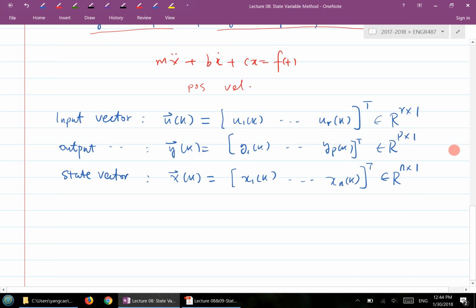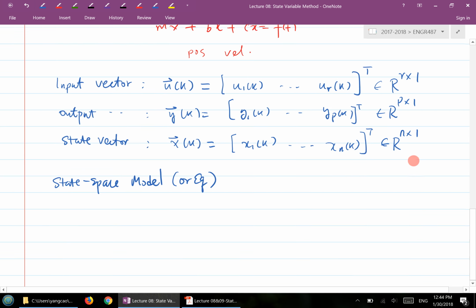So what's the model then? In general, the state space model, or equation, is in this format. You have x of k plus 1, which is a function of the state variable and the input vector.